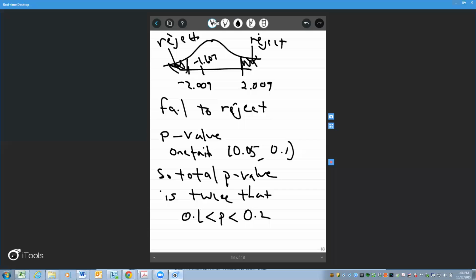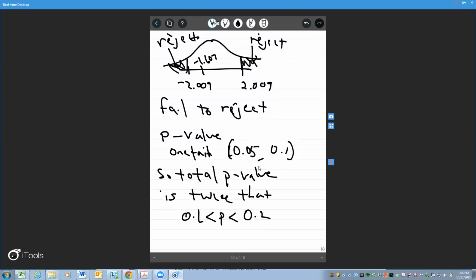Again, we know that in one tail, my p-value is somewhere between 0.05 and 0.10. But one tail only takes care of half of the possibilities. In order to get all the possibilities, I need to include that I could go out either direction by 1.607 steps. So that would double this interval to between 0.1 and 0.2.